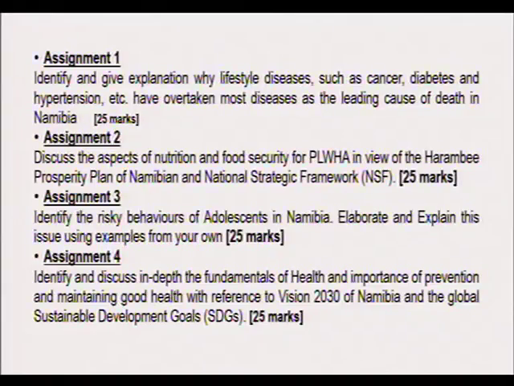And number 3 is to explain why people get these lifestyle diseases.